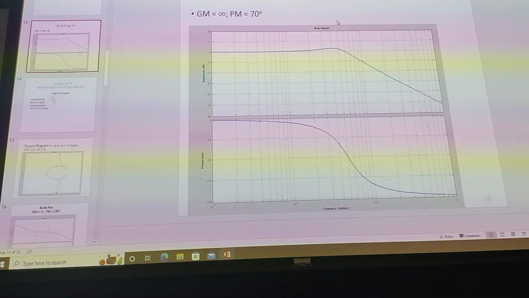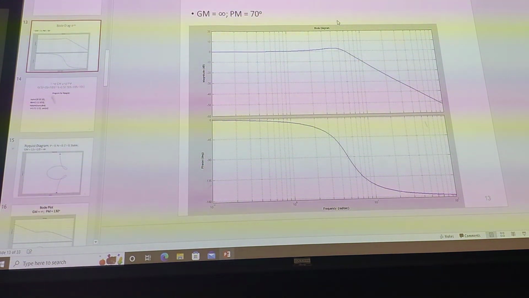Let's see. We have this here. Note that, like a second order system, there is one curve going up. Then the gain margin here is infinity because the system never reaches minus 180.